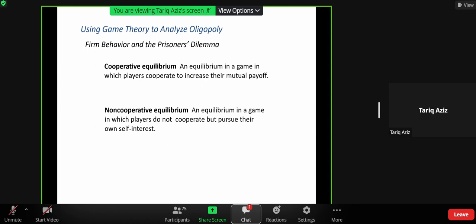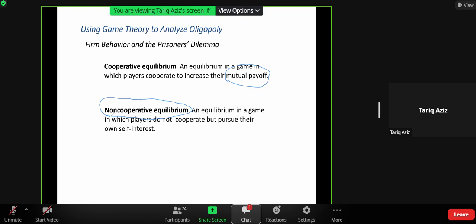An equilibrium in a game in which players cooperate to increase their mutual payoff. Because if they cooperate with each other, their mutual payoff will be more. I mean, if they cooperate, the payoff of every player will be maximum. So this is the trick. But if they decide to compete with each other, that is called non-cooperative equilibrium, which is the result of competition among players.